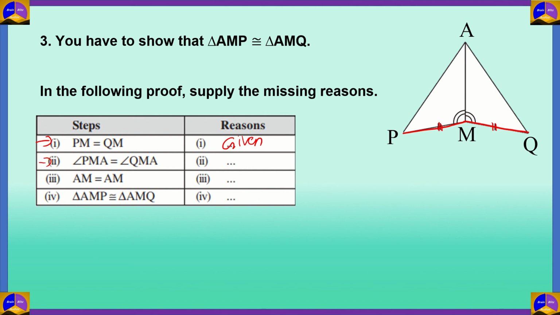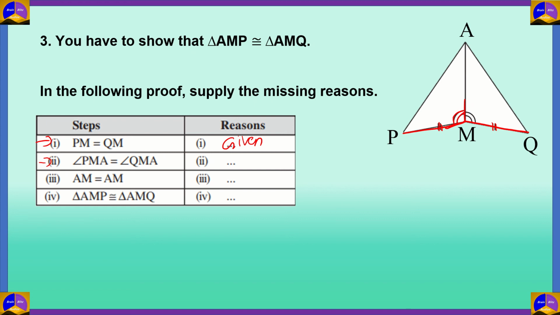Second one, angle PMA is equal to angle QMA. Now angle PMA is represented using two lines. So in the same case as in the sides, in angles also, if they are represented by two lines, and if any other angle has two lines, then those two angles are equal.